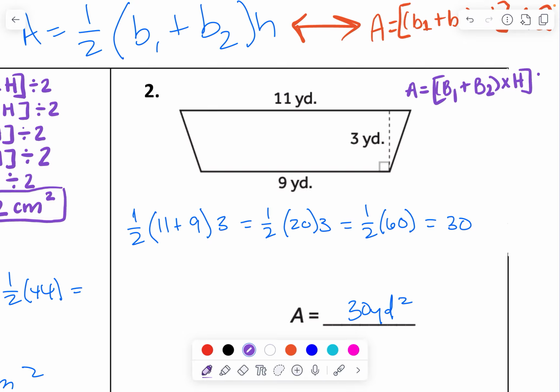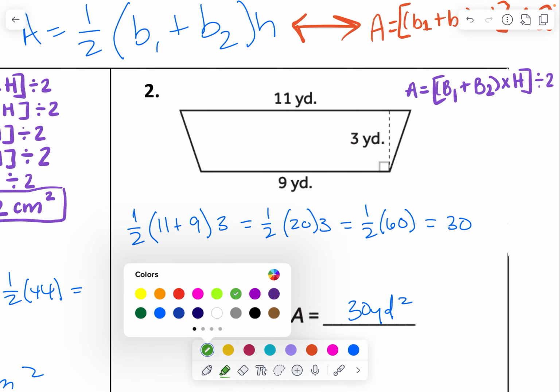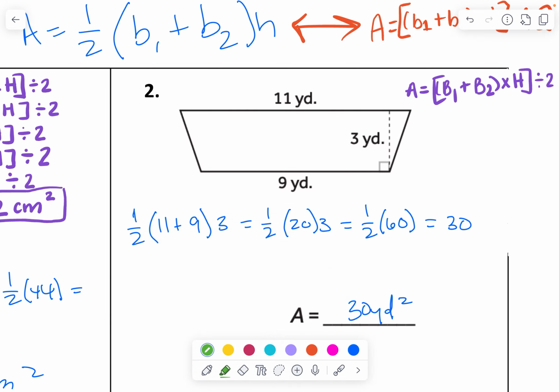And divided by 2. So go ahead and take a second to identify what base 1 and 2 are. Base 1, base 2. It's addition, so the commutative property applies. It doesn't matter if you're doing 9 plus 11 or 11 plus 9. You're still going to get the same answer, which is 20, right? 11 plus 9 is 20.